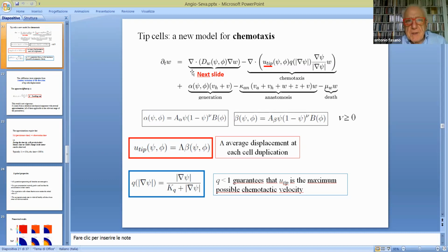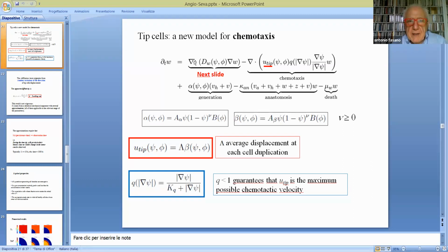And this diffusion component is due to the random component of the behavior of the tip cells, which I remember I said they vibrate randomly. So there is a superposition of this random vibration to the deterministic behavior fixed by chemotaxis.